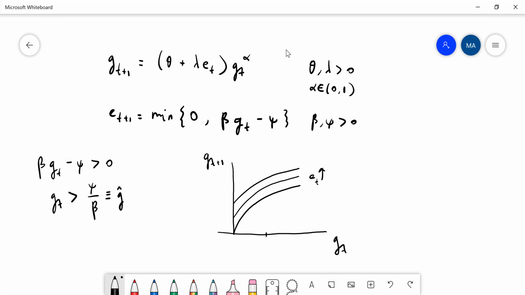Again, there are different types of mechanisms, but for one mechanism, you can check Oded Galor's 2005 Handbook of Economic Growth chapter. Okay, so this is called Unified Growth Theory.